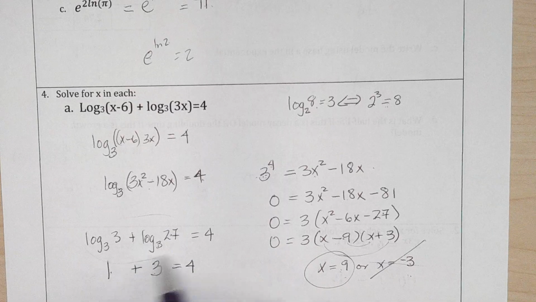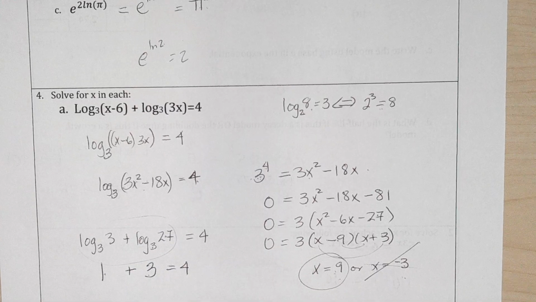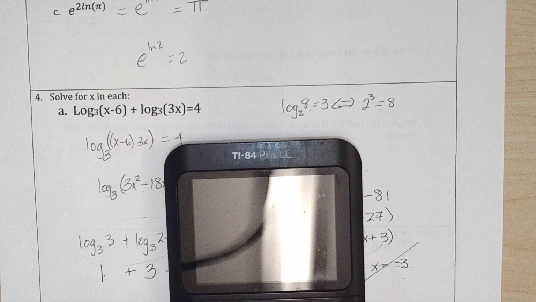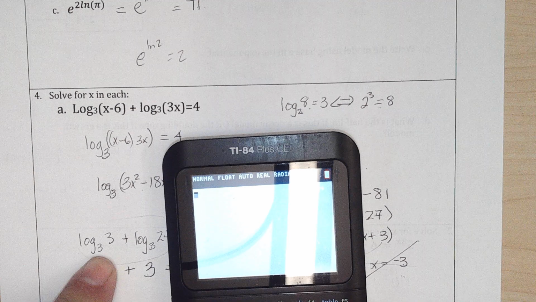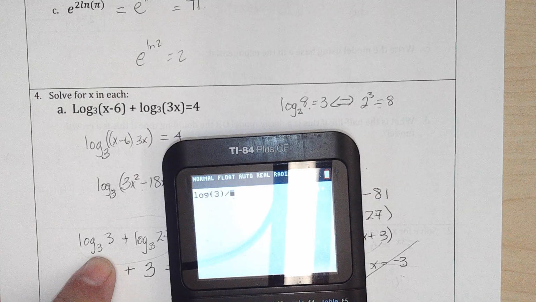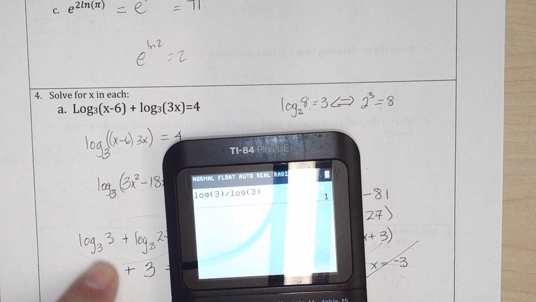Now I could type this into my calculator too. You should know how to do that. This is base 3. So to type this in, you do log of 3, and that's base 10, divided by log of the base, and it says it's 1.